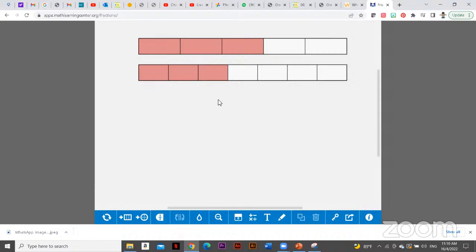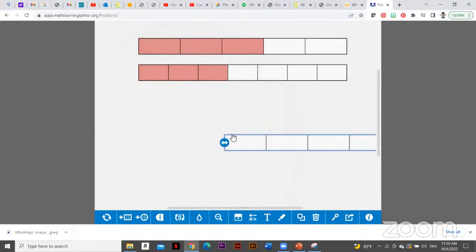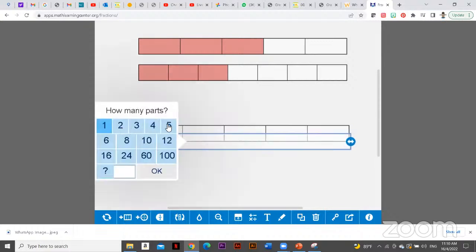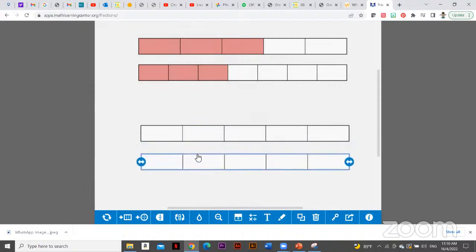Now let us think about it having the same denominator. I'm just doing another example here, just to concretize this before I move away from this. So I'm going to make 2 wholes this time, and they're going to be the same size, with the same number of parts. All right, but in one we have shaded 2/5, and in the other we have shaded 3/5.